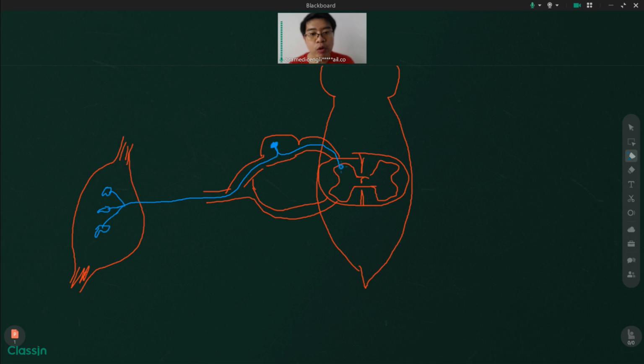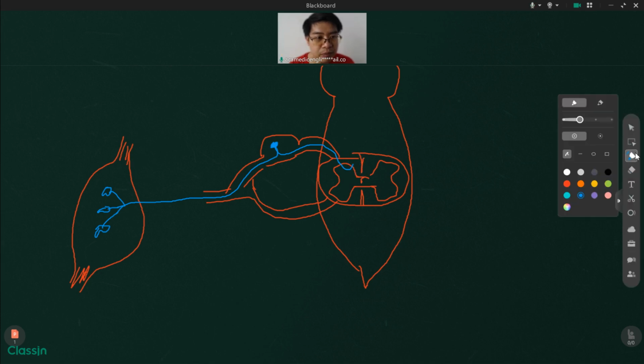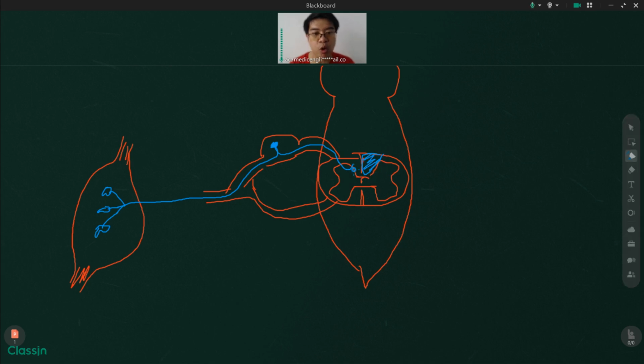Instead, it will get to, I'm sorry, not here, it will get to this location right there of the white matter of the spinal cord, and then go up. So all of this is the first order neuron.